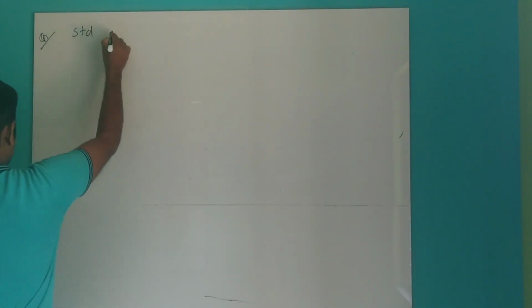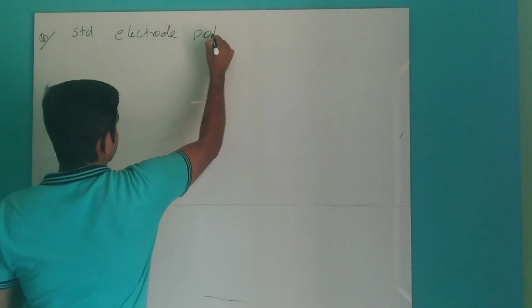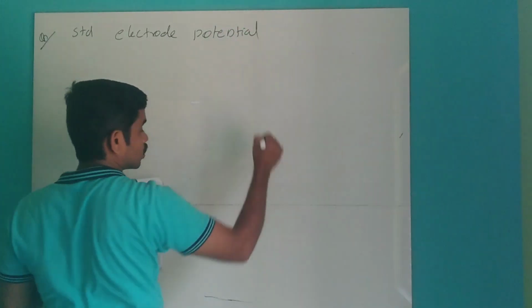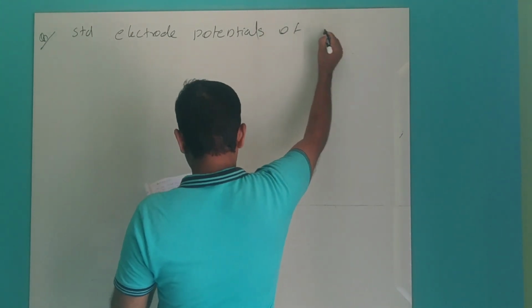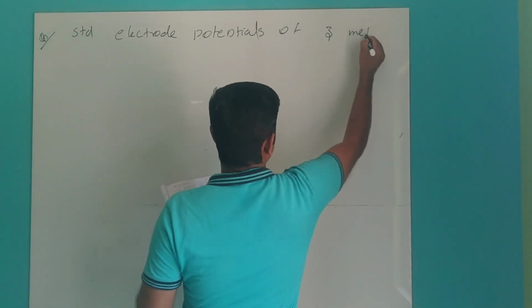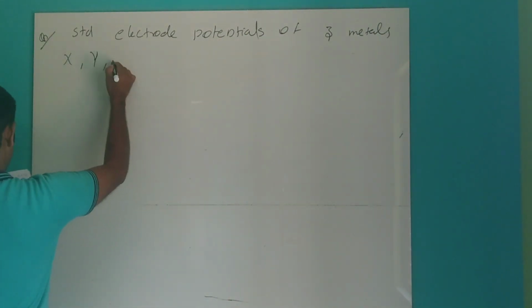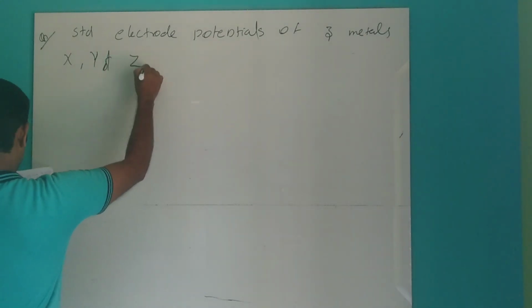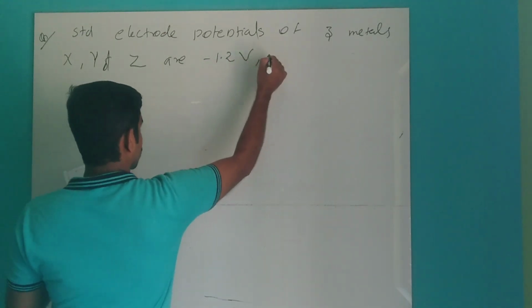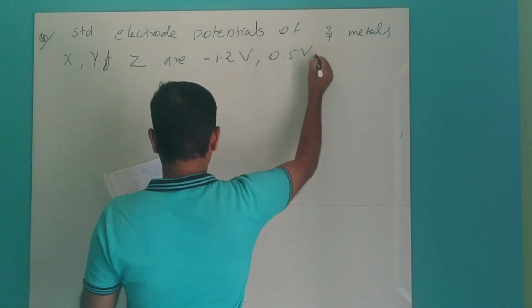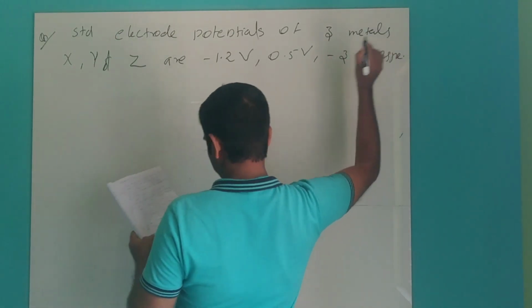Standard electrode potentials of three metals X, Y and Z are minus 1.2 volt, 0.5 volt, minus 3 volt respectively.